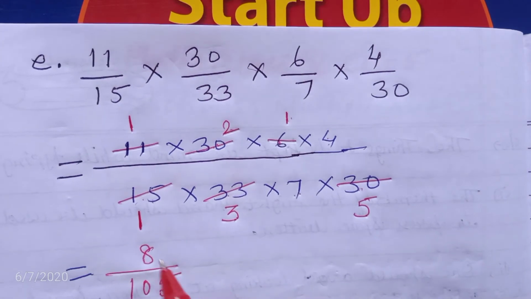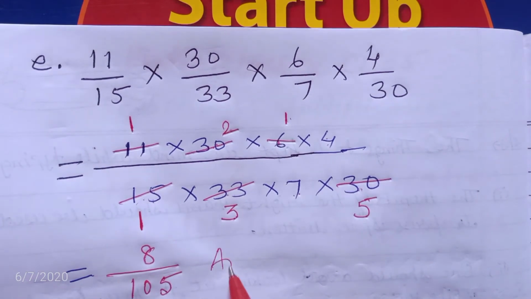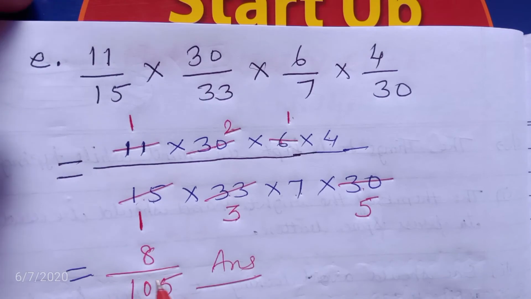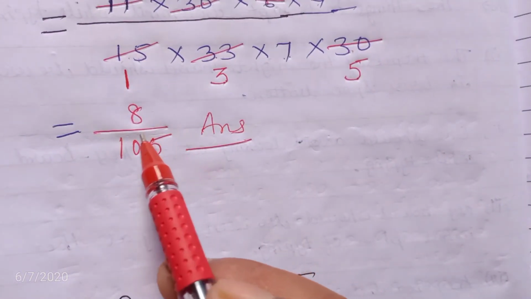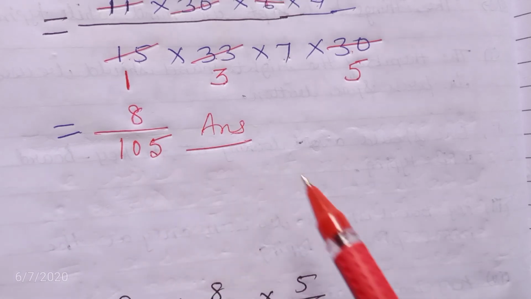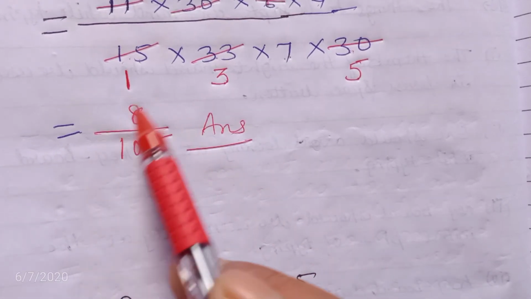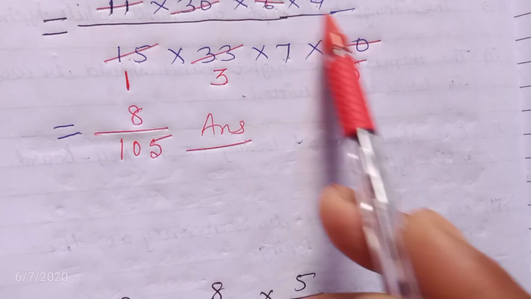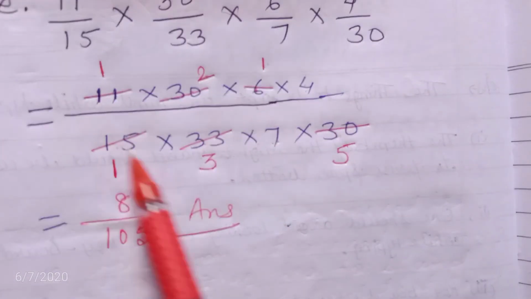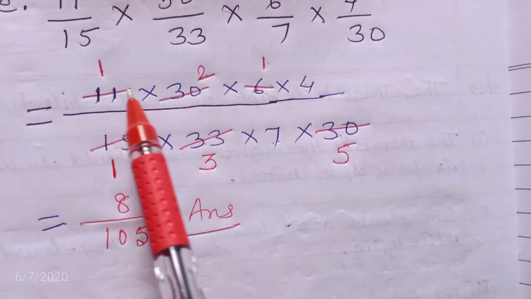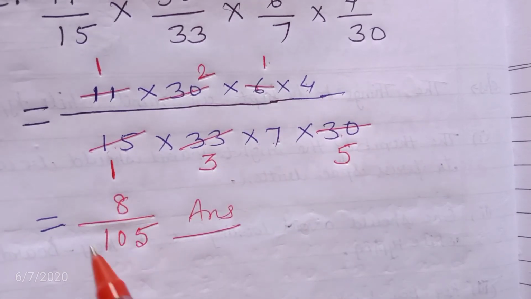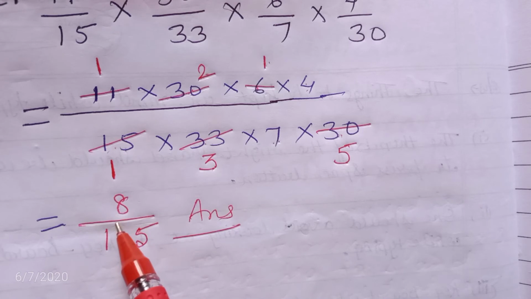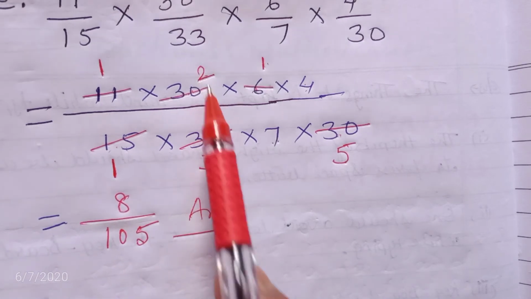Thus 8 by 105 is the answer, students, because it is a proper fraction. No need to convert it into any other type of fraction, and this is in simplest form because we have cancelled the common factors in the steps only. If we multiplied numerator and denominator first, we would have to cancel common factors in the product, but it is easy to cancel the common factors first.